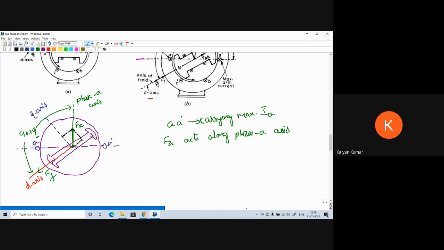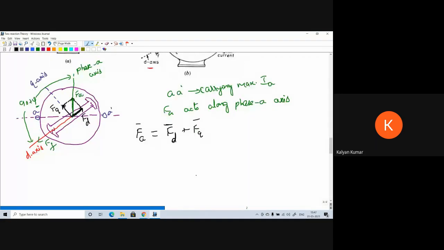So one component along the D axis, one component along the Q axis. This D axis component is denoted by FD, and the Q axis component is denoted by FQ. So FA is resolved into two components, FD and FQ, one along the direct axis, one along the quadrature axis.